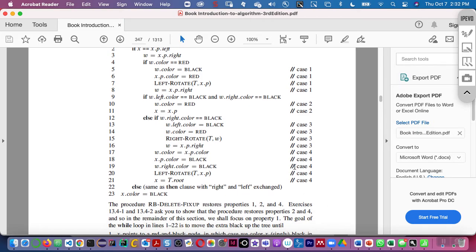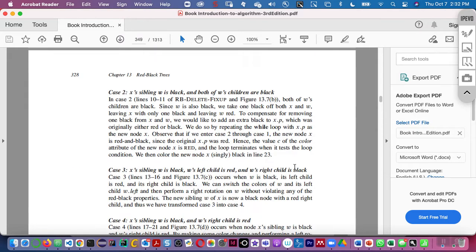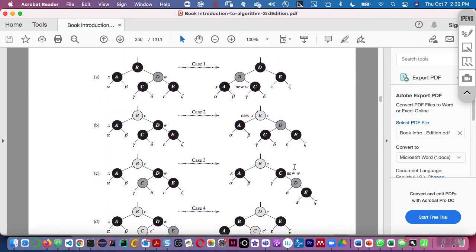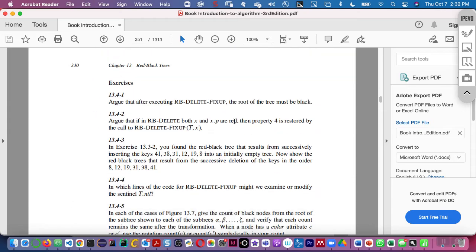Fixed, actually there are 6 cases. What are the other cases? X, color spaces.